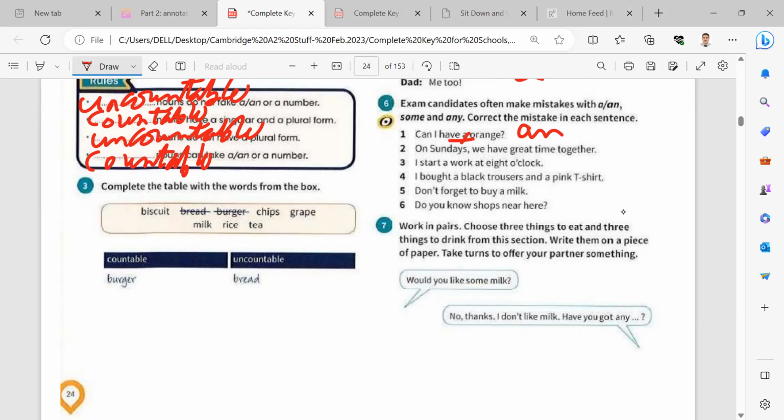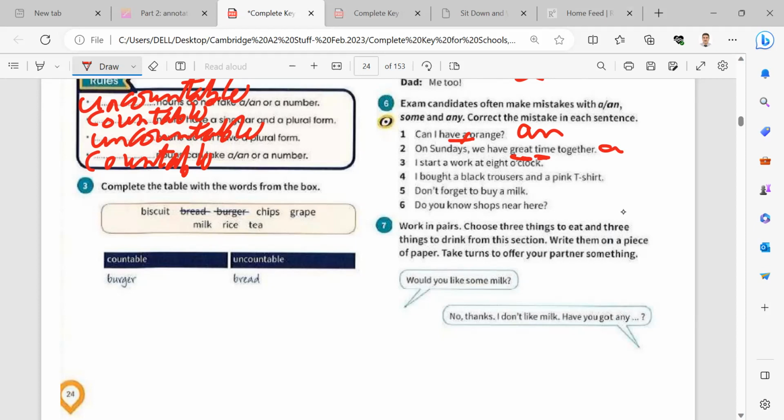We have great time together. On Sundays, we have great time. So here you should say we have a great time together. So Sundays is okay, but you should say a before great. Number 3. Teacher, the mistake is don't put a after great.